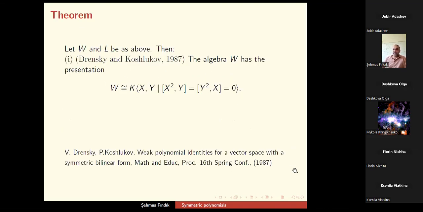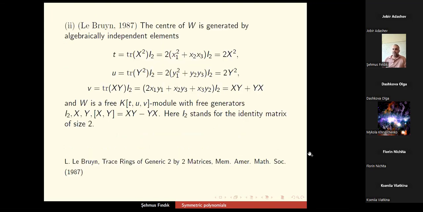So there are some results here. In 1978, there is a presentation of this algebra. Of course, here x squared and y squared are scalar matrices. Because of this, these are central, but this is the only presentation relation. And you see here t, u, v given by trace of x squared times I2, the identity matrix of size 2 by 2, so it is also 2 times x squared.